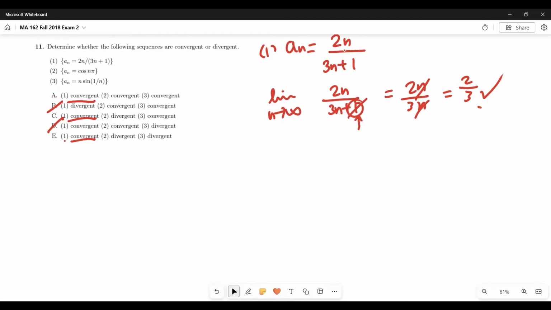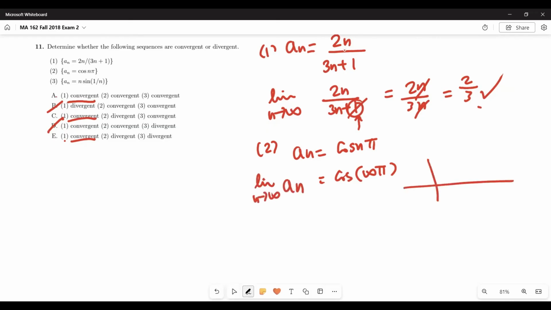So option number 2 is a_n is cosine n pi. So cosine infinity pi, right? Because if the limit as n goes to infinity of a_n, this is just going to be oscillating from negative 1 to 1.